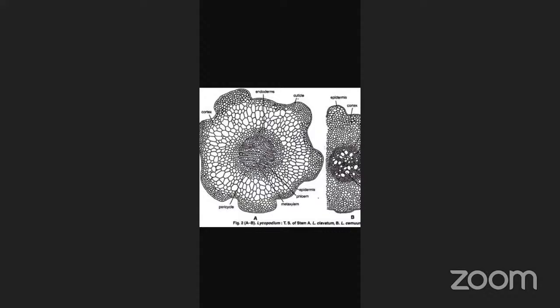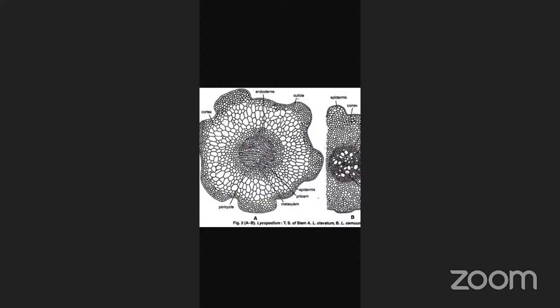What does haplostele mean? Only the xylem is centrally surrounded by the phloem. Actinostele means the stele has actin-like structures; that is called actinostele.